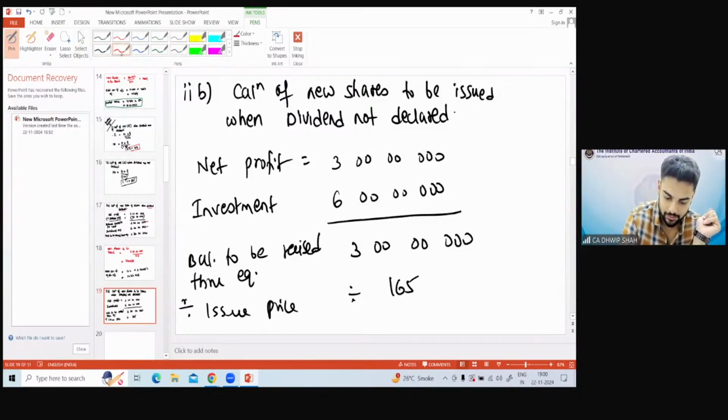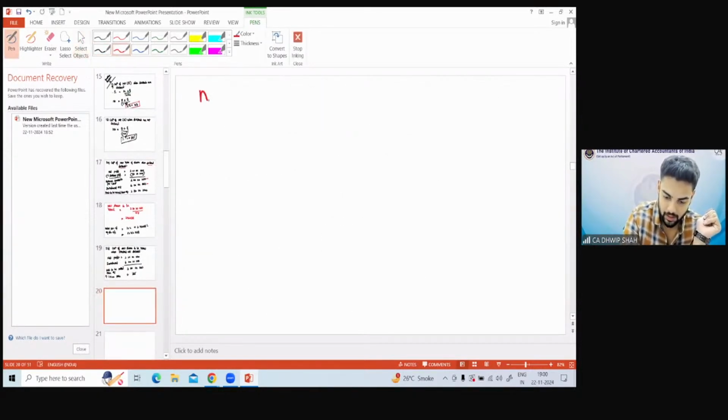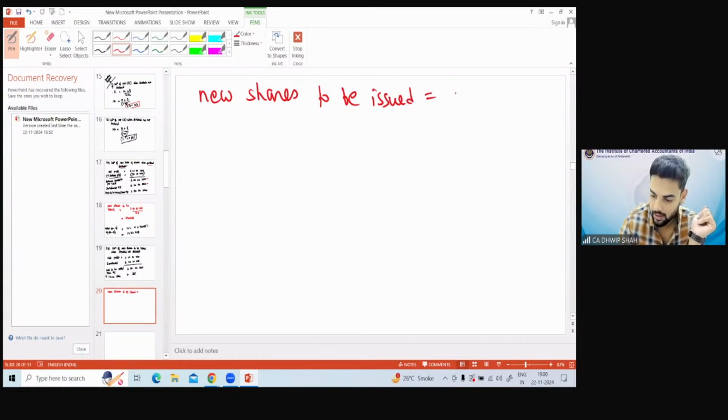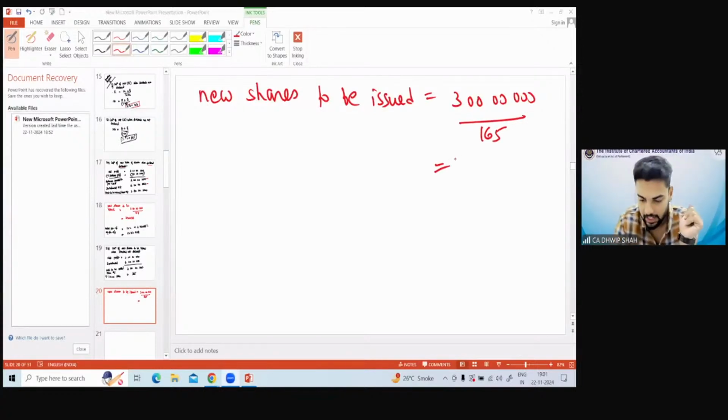Therefore, new shares to be issued would be 3 crores divided by 165. How much did you get? 181,818. Okay, everyone is getting this same answer.